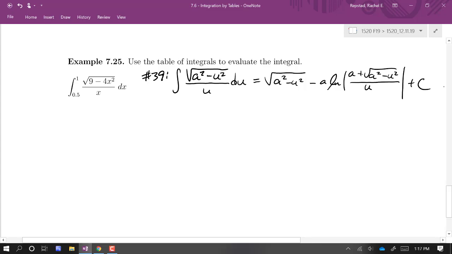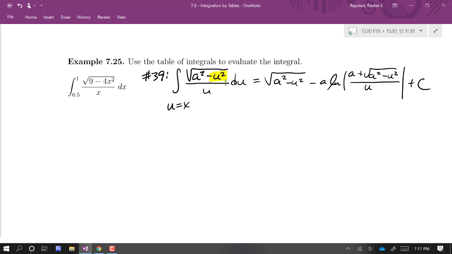Okay, does this fit? What needs to be what? X is U. Yeah? 3. U is equal to X? Yeah. Okay. Then what's U squared? What is B squared? U is 2x.